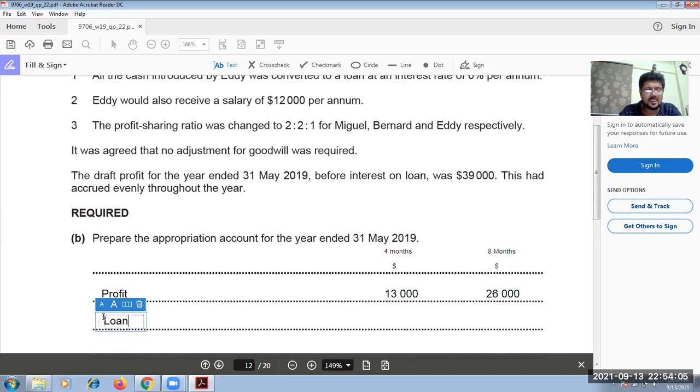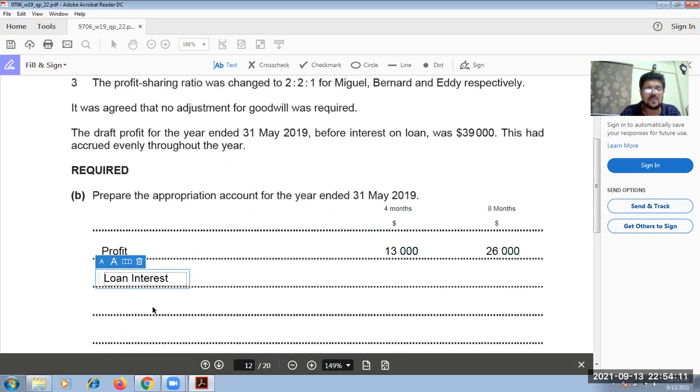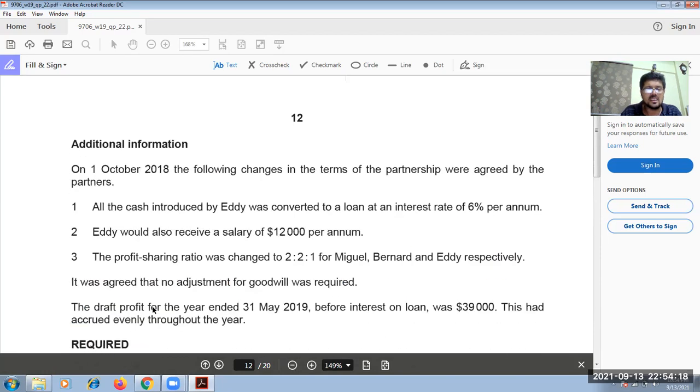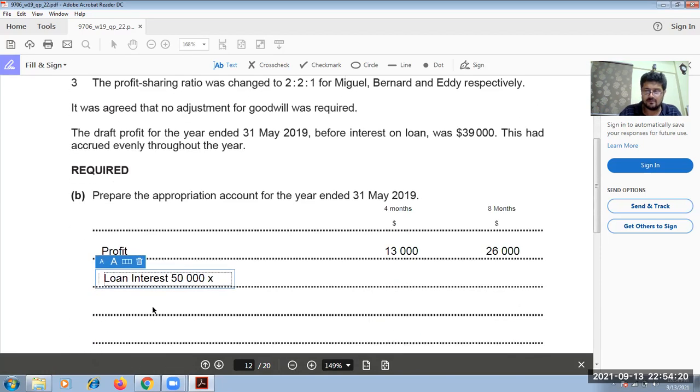Okay. Now see loan interest. What we have to do first, we have to deduct the loan interest. Total cash introduced by Eddie was 50,000. 50,000 multiplied by 6%, multiplied by 8 upon 12.